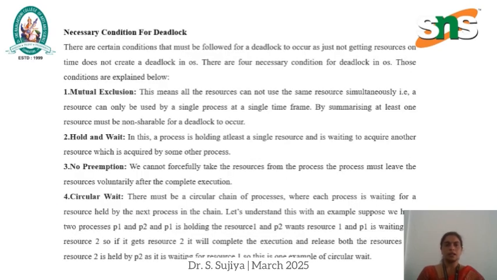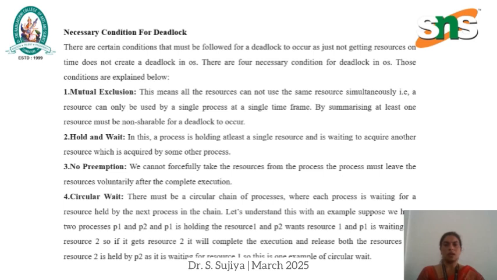The necessary conditions for a deadlock to occur are mutual exclusion, hold and wait, no preemption, and circular wait. What is mutual exclusion? This means that resources cannot be used simultaneously; a resource can only be used by a single process at a given time.